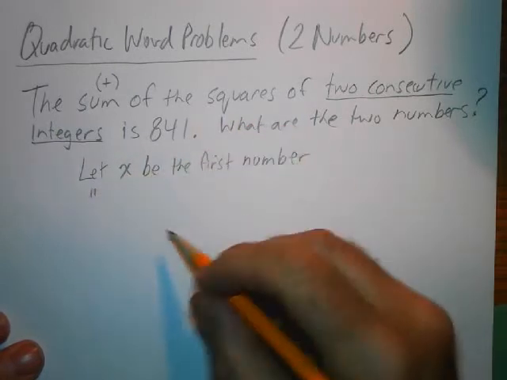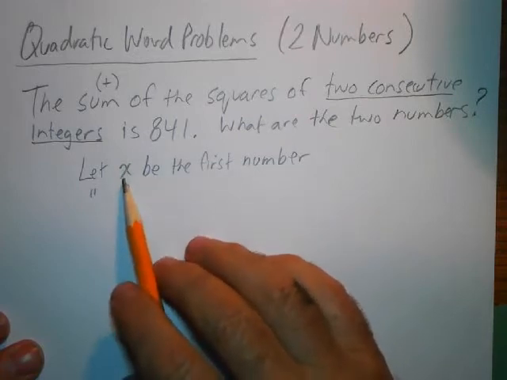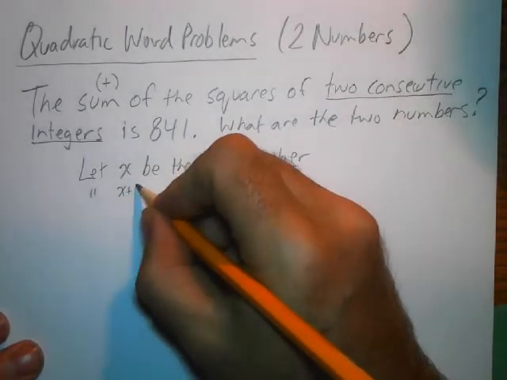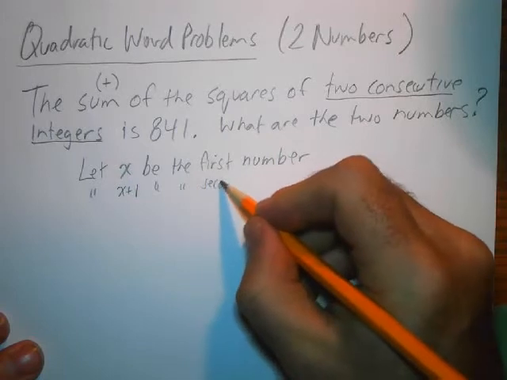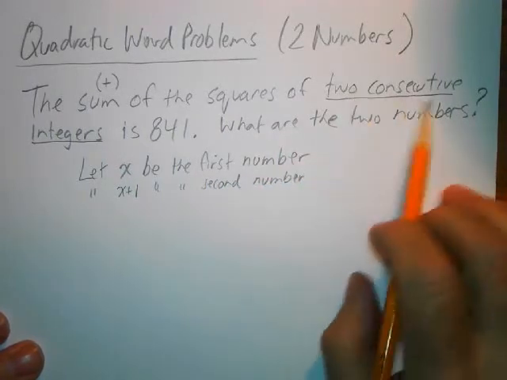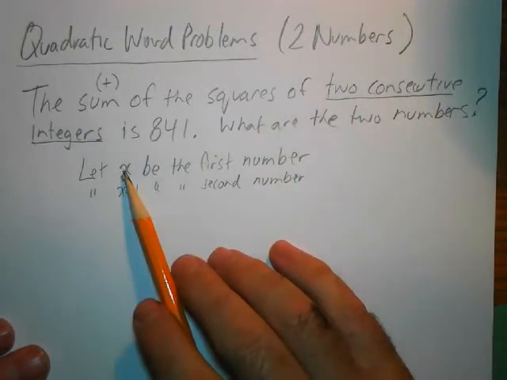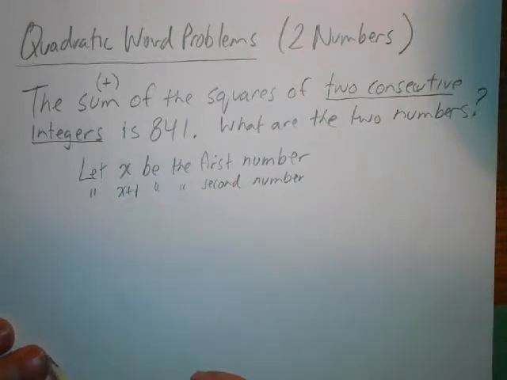So instead of wasting a variable and another variable, we could say, well, if the second number is just one higher than x, let's just call it x plus 1. So let x plus 1 be the second number. And because we're told this relationship, that they're consecutive, we can build that in and just have one variable x. So the first number is x, the second number is x plus 1.